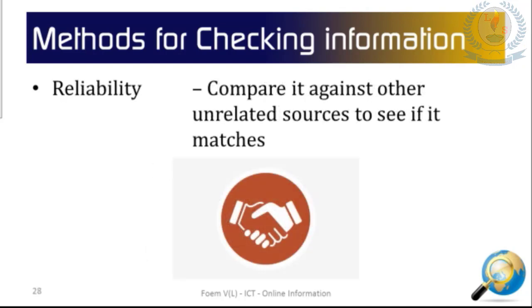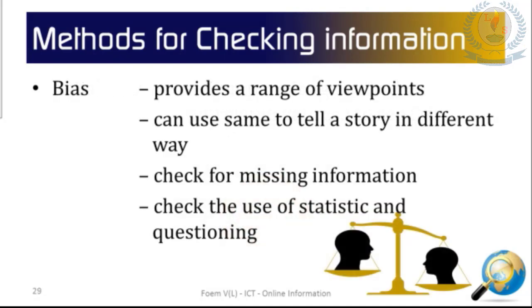Reliability. Can you trust the information you are taking? The method is to compare it against other unrelated sources to see if it matches. Bias. Provides a range of viewpoints. Bias means the author has discussed only one side. So you have to consider many points, to both sides. Correct side, wrong side, if you write both sides, then it is better.